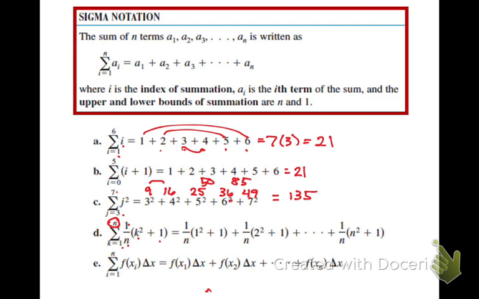So I got 1 over n, 1 over n, 1 over n, forever. But the k changes. So the k starts at 1 and then goes to 2 and then 3 and 4 and 5 and 6 and 7 all the way to n. So these are just different ways different things can be written.